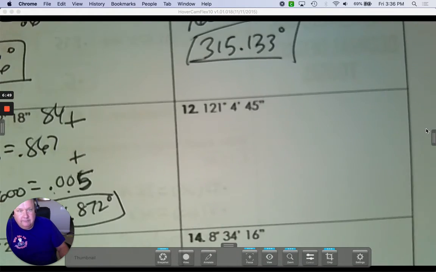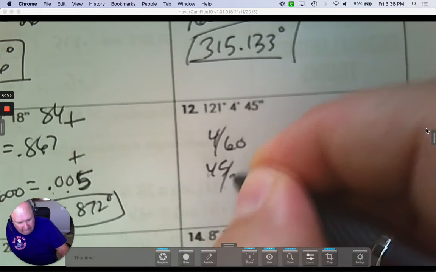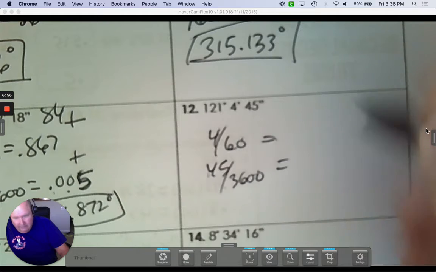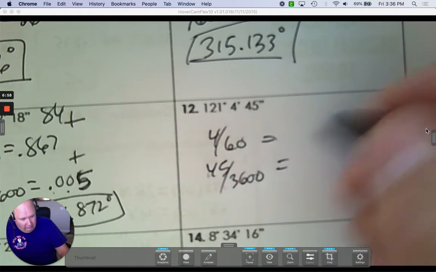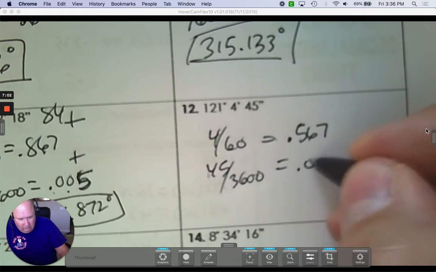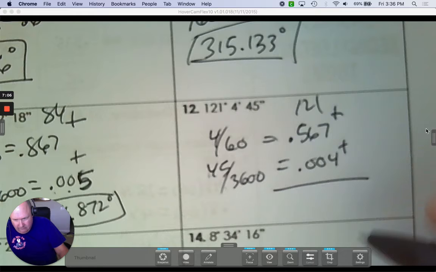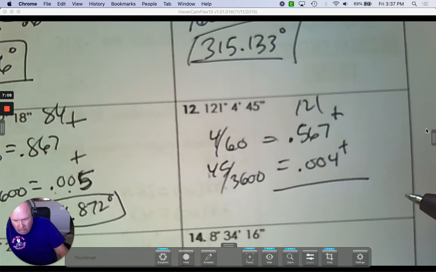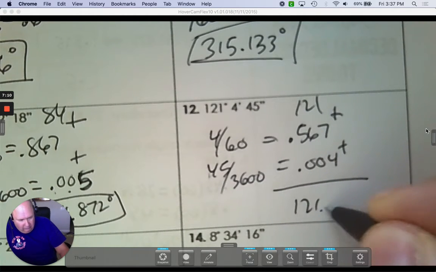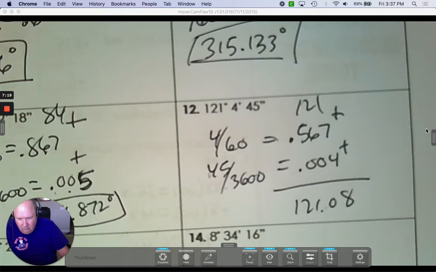For 12, we have 4 minutes divided by 60. We have 45 seconds divided by 3,600. So to convert both of them to decimals would be 0.567 and 0.004. We add that to 121, and all together you get 121.08. Is that right? What number here?